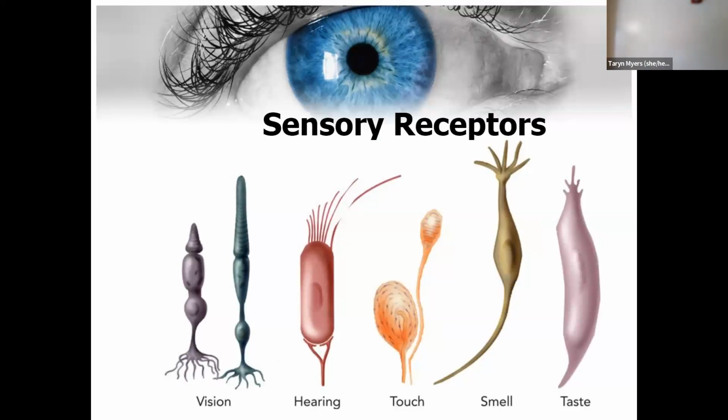The ones for hearing are actually kind of touch receptors, because hearing is sensing the vibrations that the rest of your ear translates the sound into, and we'll go through this in a lot more detail in a few slides. Touch is obviously a big one. And smell and taste are chemoreceptors, so they are both reacting to various chemicals that are there.